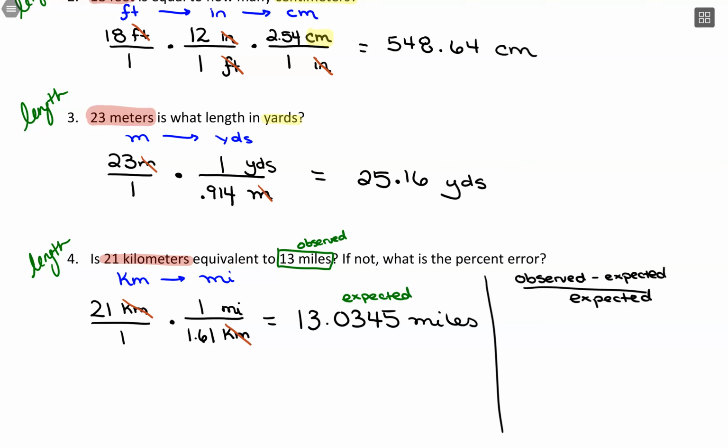So what we would want to do is take 13 minus 13.0435, but I'll show you how to use a calculator to get that even more exact, over 13.0435. Basically, this is our accurate number, and we want to see how that kind of guessed value matches up.